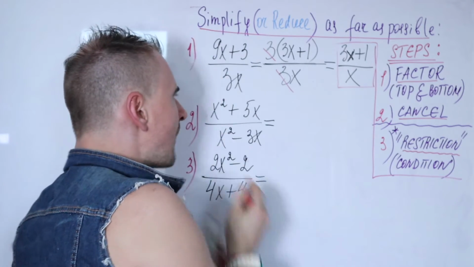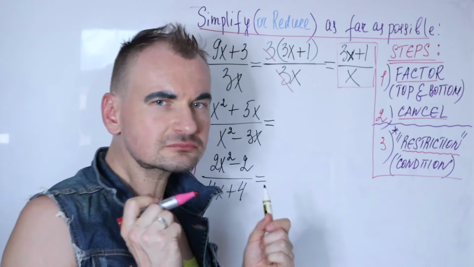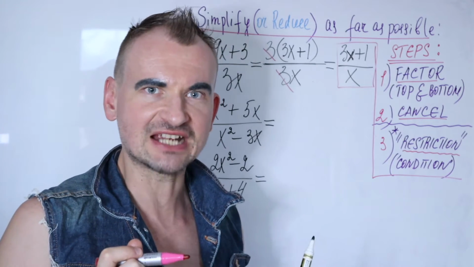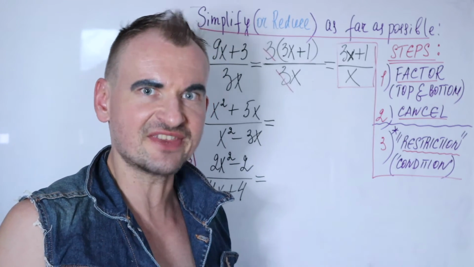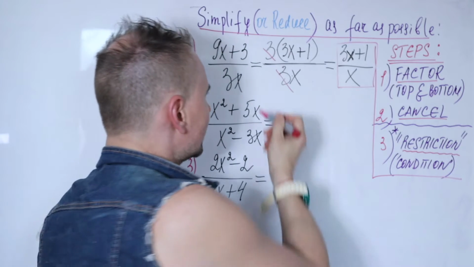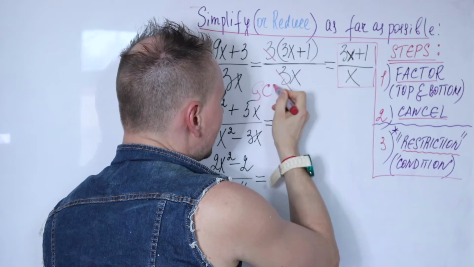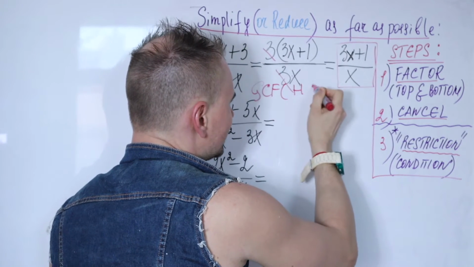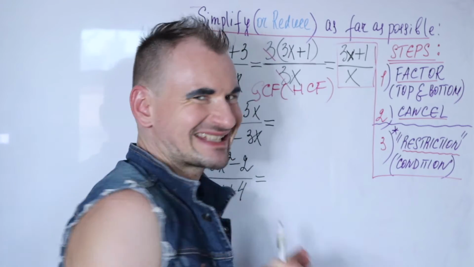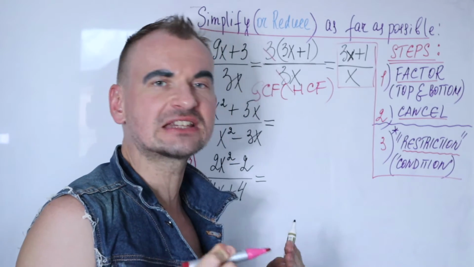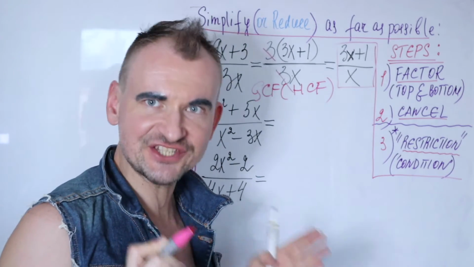Again, you start with the top and try to spot the common factors. The GCF, or sometimes it's called HCF, which stands for greatest common factor or highest common factor. The idea is the same.